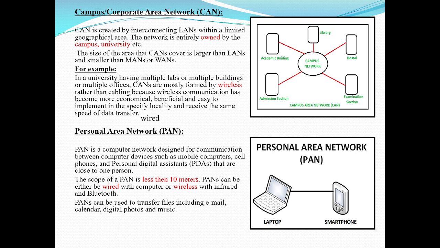For example, in a university having multiple labs, buildings or offices, a CAN is mostly formed by wireless rather than wired cables. Why? Because nowadays wireless has become very popular, economical, beneficial and easy to implement, so people are going for this.